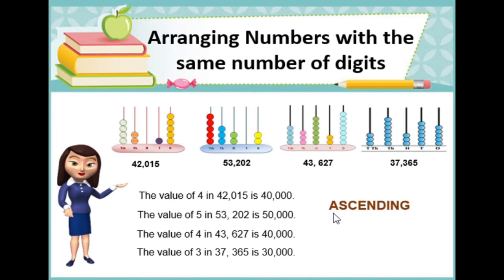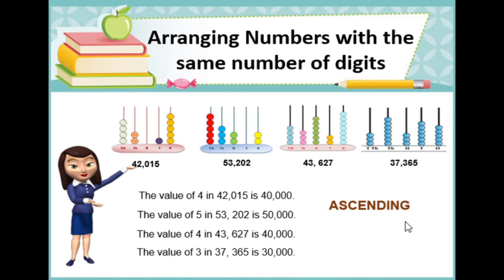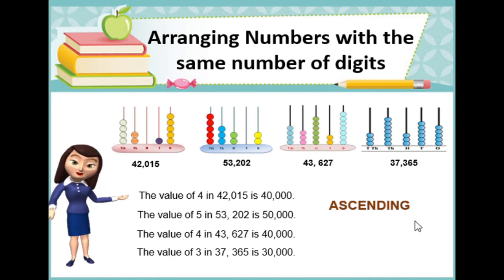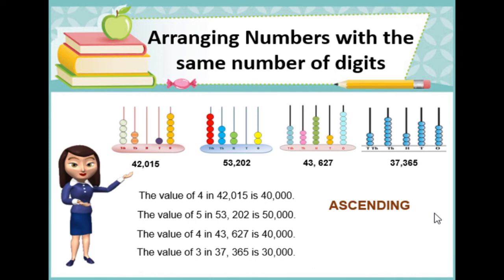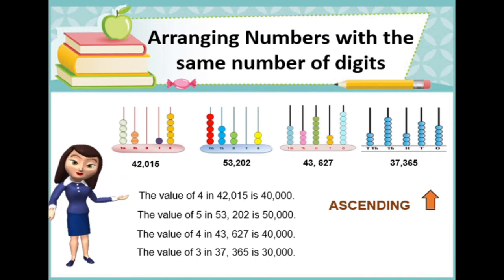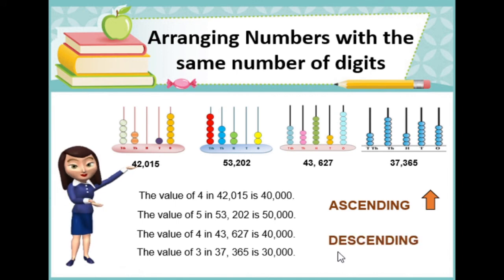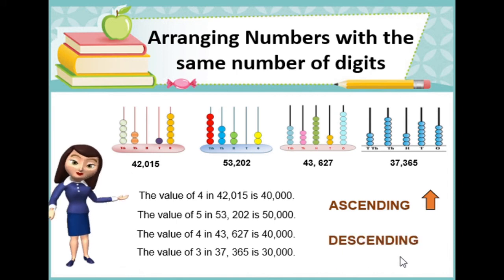First, ascending. Repeat after me. Ascending. When you say ascending, it means the numbers are going up. Very good. And when we say the opposite, say descending.